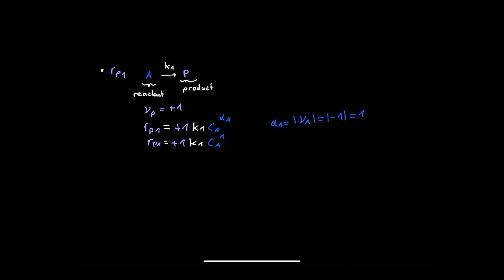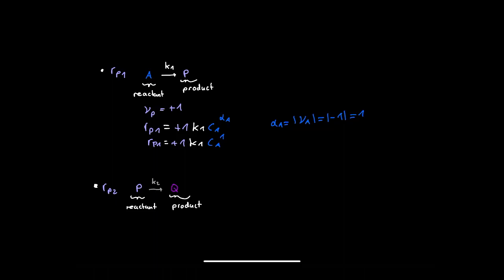Next, we will take a closer look into the reaction rate Rp2, which only takes into account the reaction where P reacts with a rate constant K2 to Q. In this case, P is going to be our reactant and Q is going to be our product.